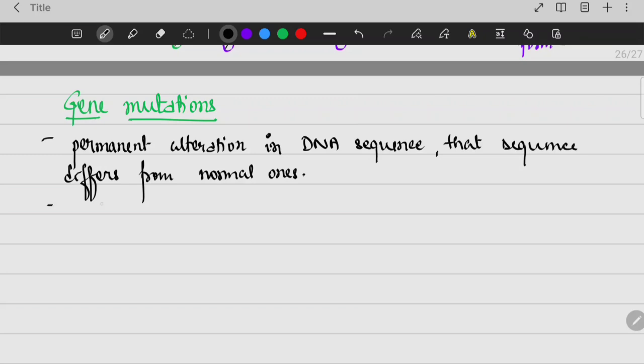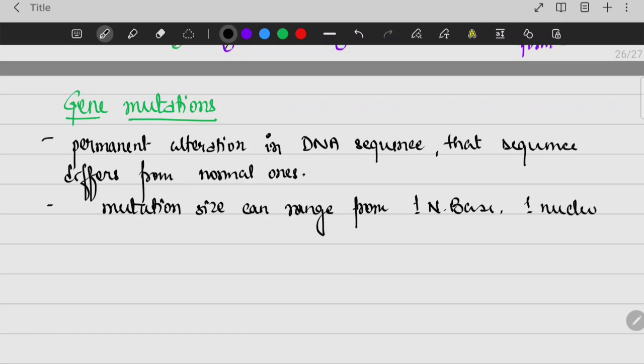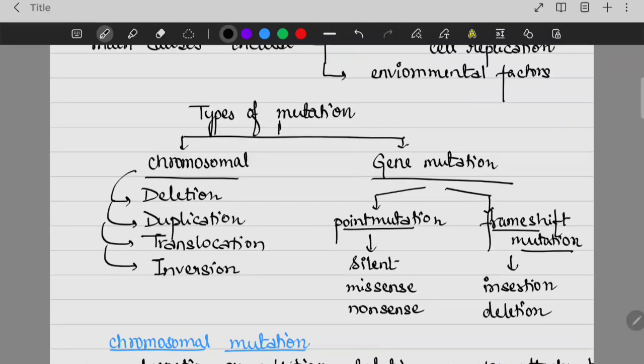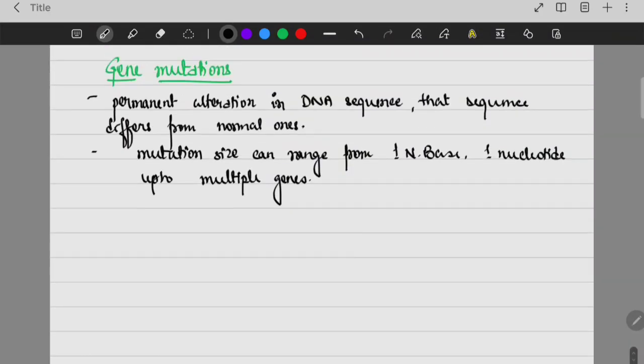Now the mutation size can range from one nitrogenous base or one nucleotide up to multiple genes. Okay, so this is the definition of gene mutation. Now there are different types of gene mutation. One is the point mutation, and one is the frameshift mutation. Now we are explaining the point mutation.